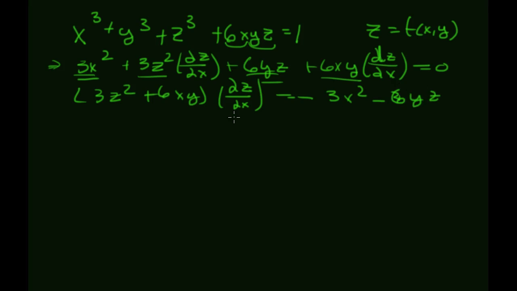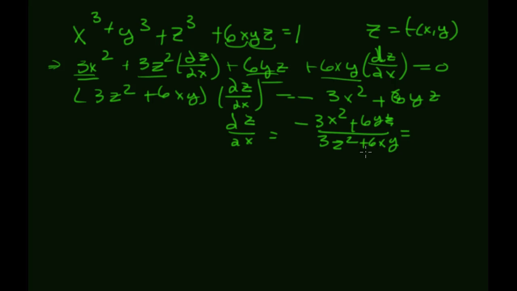A little bit of division gives me dz dx is negative 3x squared minus 6yz all over 3z squared plus 6xy. That's a plus. There we go.